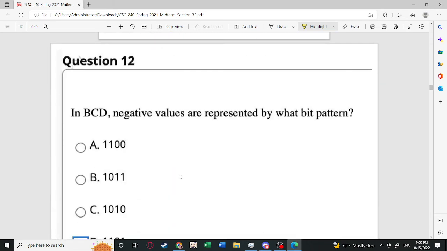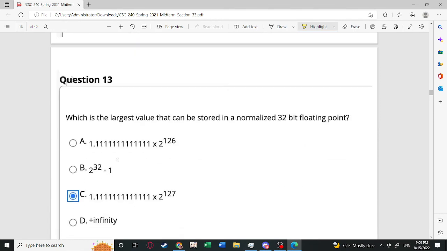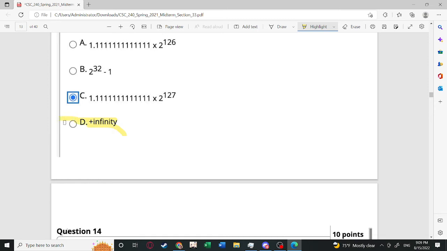Sorry, in BCD, negative value is represented by one volume. So this is C. This is D. So that's correct. This is negative value. It's not positive. And here is the largest value. Largest value is D, not C. If you see a cross or any lines through the answer, that answer is wrong. Okay.